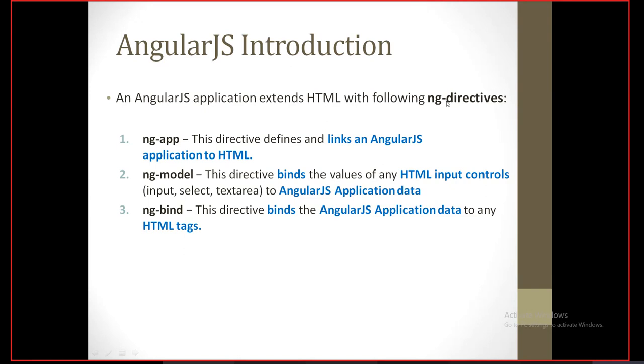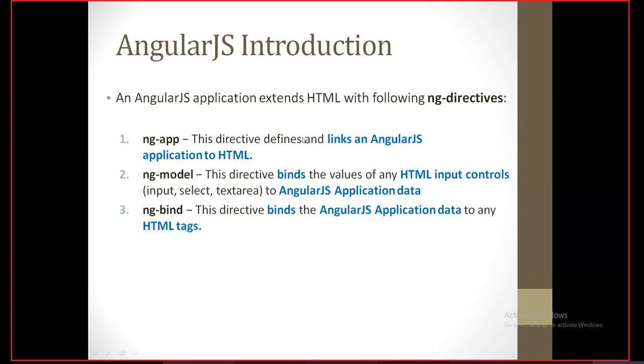Now, first, we need to understand how we will be able to create an AngularJS application, or how we need to define the AngularJS application. When we are talking about already created AngularJS applications, at that time we'll talk about linking those already created applications.